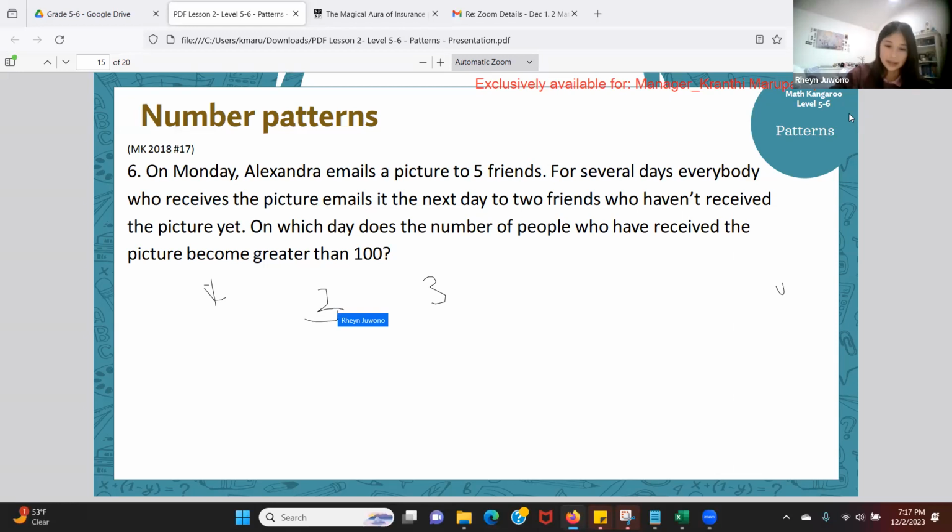But that's day 4. But I think you get what I mean. So 5 times 2. So if we start with 5 people who would have gotten it, and then the next day we would have 5 plus 5 times 2 because everyone sends it to 2 people.